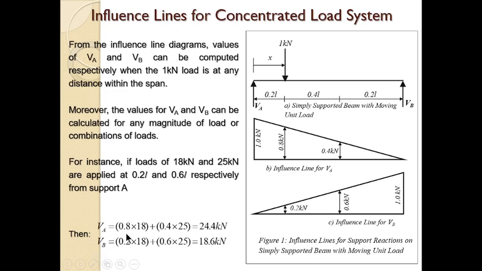So you can do 0.2 multiplied by the magnitude of load plus 0.6 multiplied by the magnitude of load there. It gives us 18.6 kilonewton. So if you have two loads positioned at 0.2L and 0.6L, the reaction at A will be 25.4 kilonewton, and the reaction at support B will be 18.6 kilonewton.